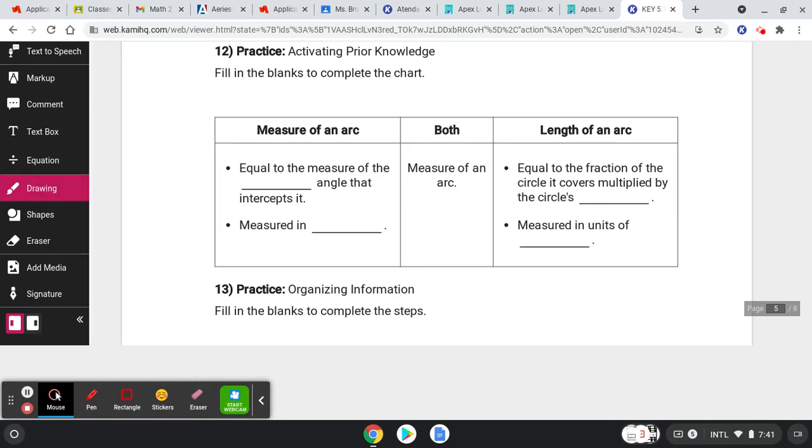So this is going to be equal to the measure of the central angle that intercepts it, and it's measured in degrees. Those are our units for the measure of an arc.